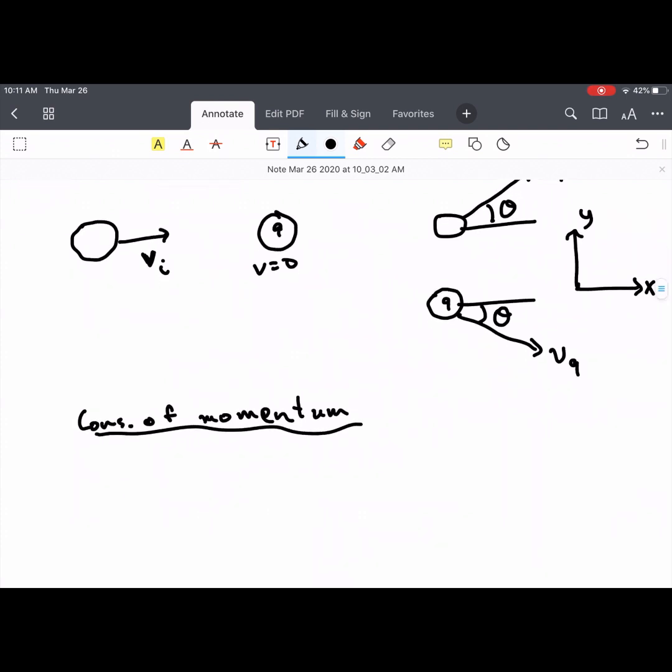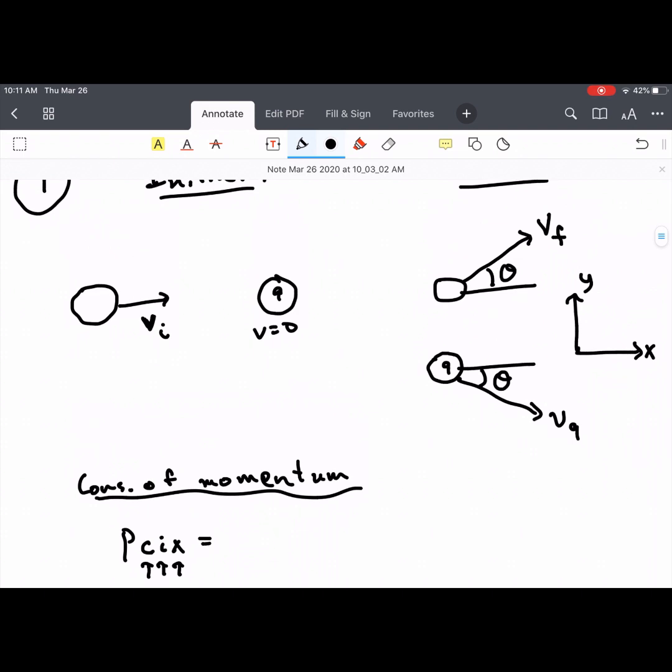Well, let's talk about initially. So initially, it's pretty straightforward. The initial momentum of the cue ball, which I'm going to call C, in the x direction is just mass times velocity. So the mass of the cue ball is little m. The speed is v sub i. And since it's all moving to the right, this momentum is entirely in the plus x direction.